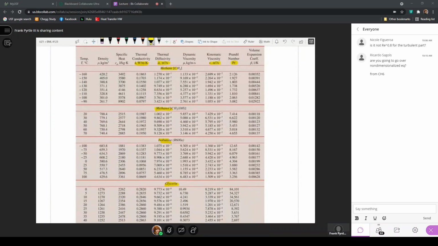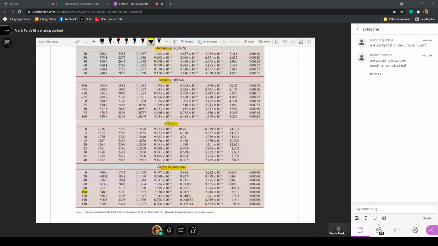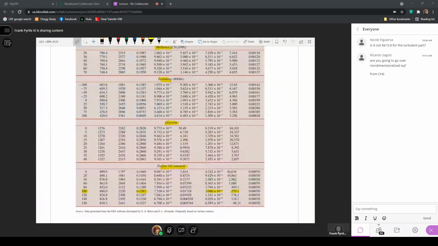So that's that column, and that one. And here, the Prandtl number and the kinematic viscosity. So at 100 degrees, we have these quantities from the table that allow us to move on with the calculations.